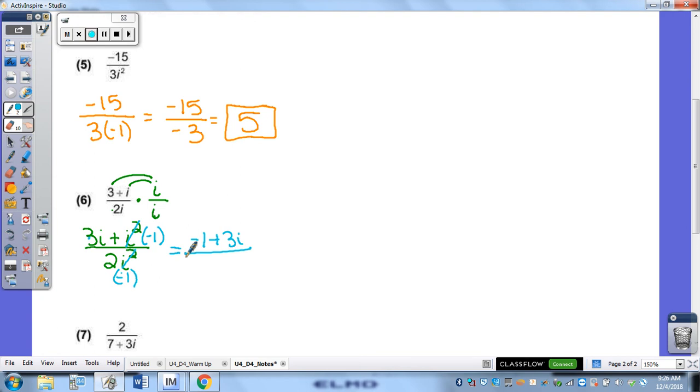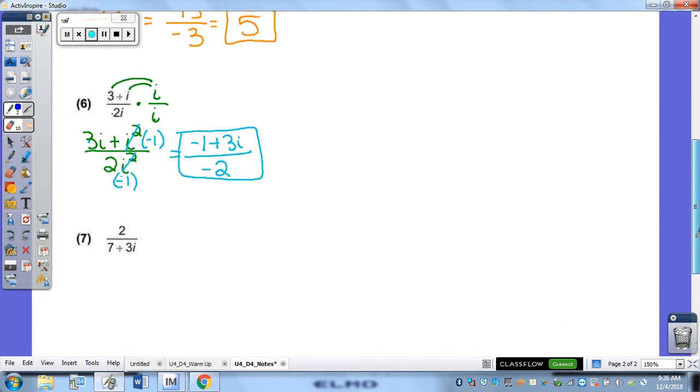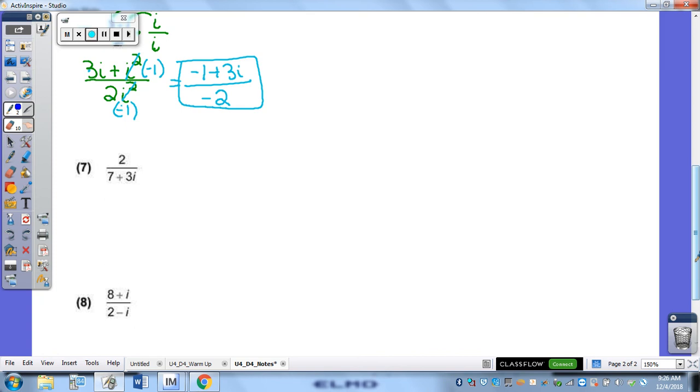So that number has to go first, i has to go last. In the denominator, it's going to be 2 times the -1, so that gives us -2. And then that's our final answer for that one. So if you just have a single term, multiply top and bottom by i.